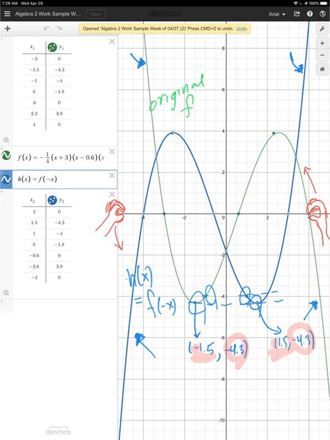So we're literally flipping the x-axis around. That's why the x values have changed signs: the positive x-axis is going to go to the negative side, and the negative side of the x-axis is going to the positive side. We're flipping it. That's why the x values flip signs, because we're reflecting across the y-axis.